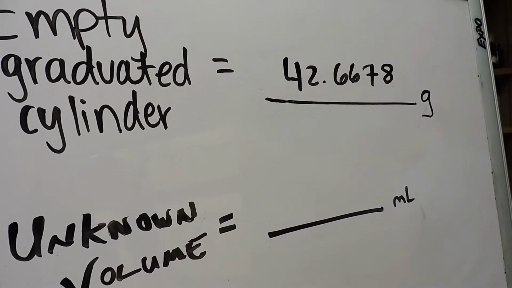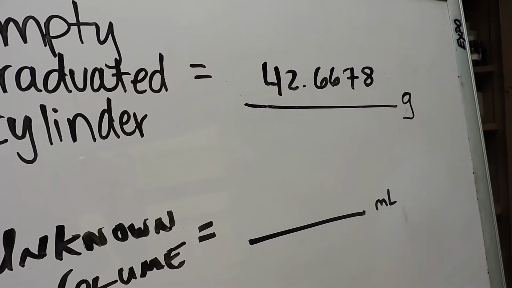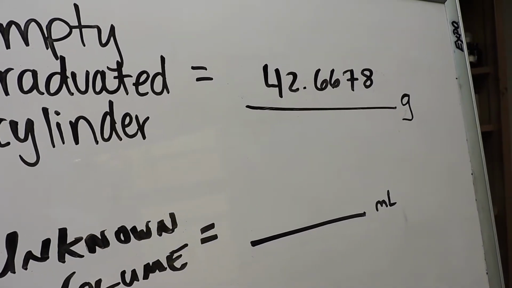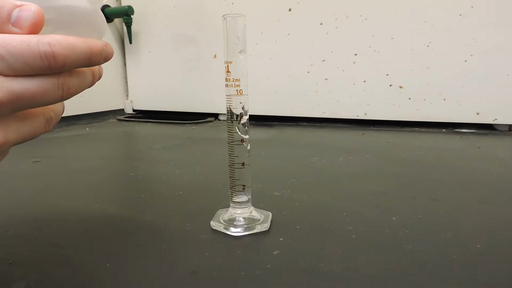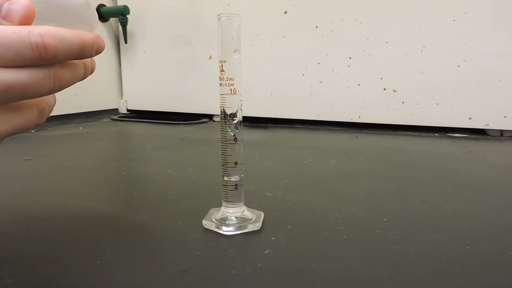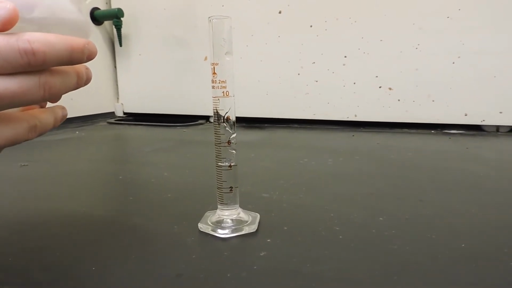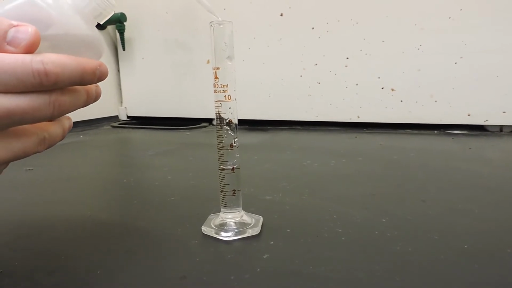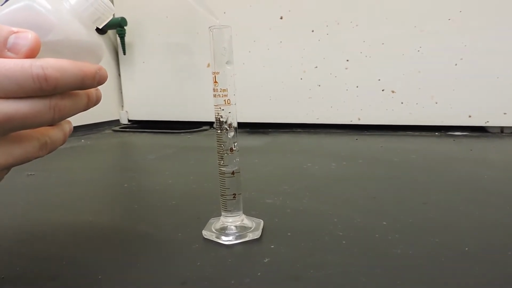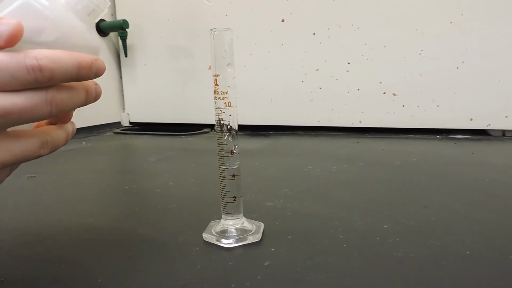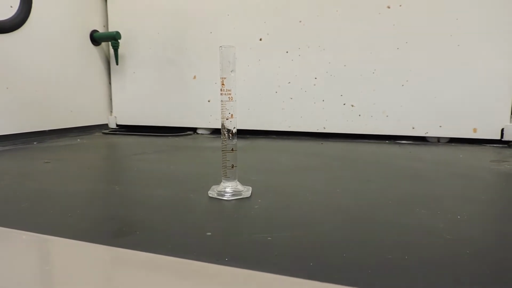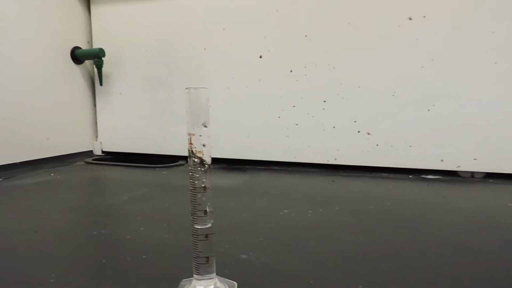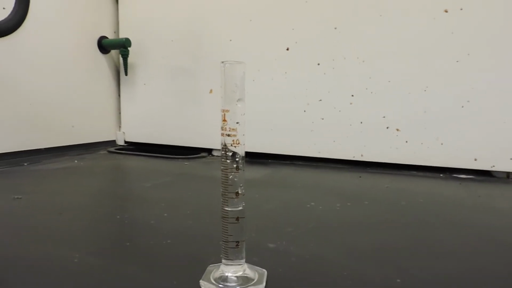Then carefully add between 4 and 5 milliliters of one of the liquids, A, B, C, or D. Read the liquid level at the bottom of the meniscus and be sure to interpolate between the two smallest markings. The volume is 4.99 milliliters.